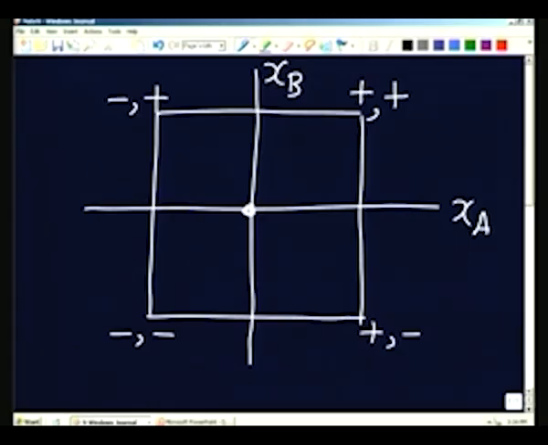So, what we are trying to do is, suppose because of some reason, I had assumed that this was the reference set for X A, X B. Then what I am trying to do is to find out what happens if I go to a value to the right or to the left, to the top, up or down.